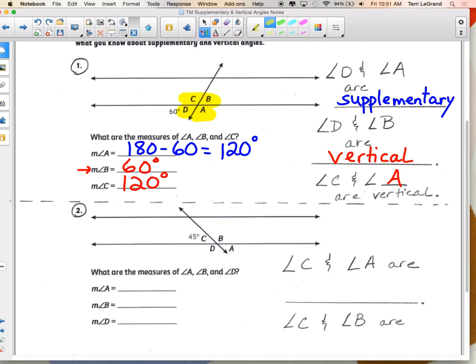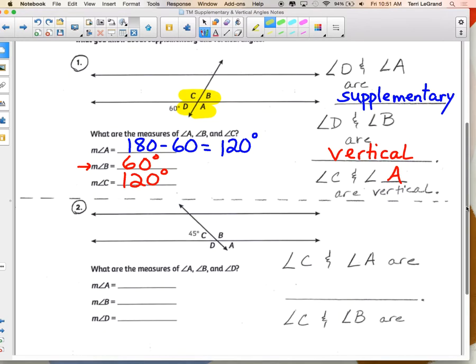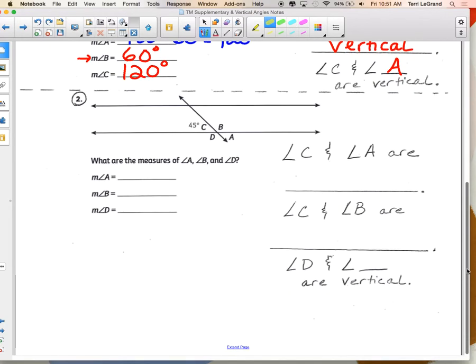Half a circle is 180. You remember, straight angle. Half a circle is 180. So when we have found all the angle measures around an intersection like we have right here, they better all add up to what? 360. Half of them should add up to 180. The other half should add up to 180, because 180 and 180 together makes a full circle, and that is 360.